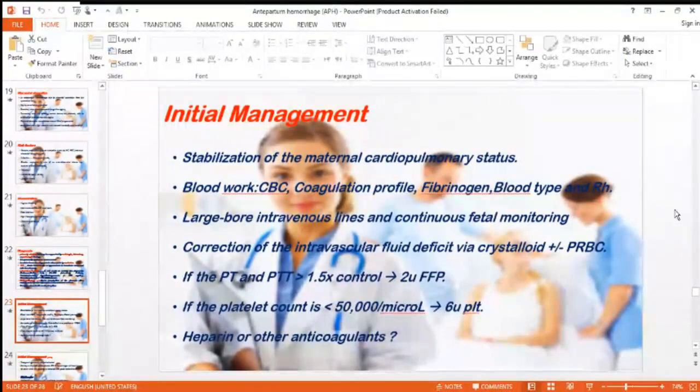The patient becomes more liable to bleeding and cannot clot, because the clotting factors are consumed by the clot that occurs due to placental separation.